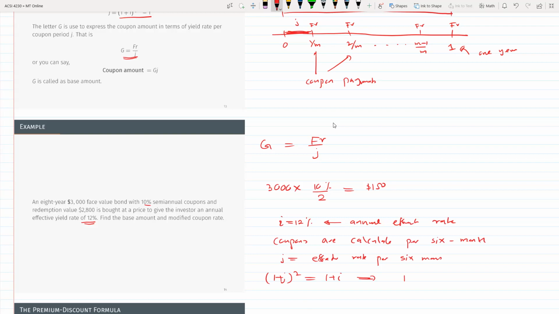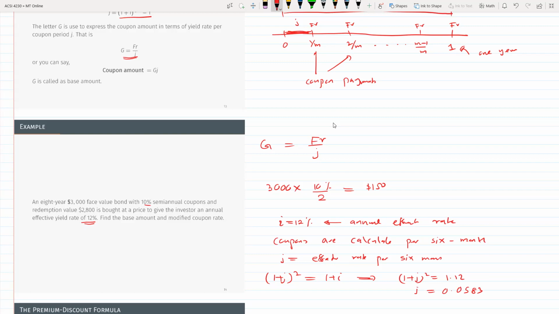So in this case, (1 plus j) squared equals, what's the i? i is 12%, so 1.12. And from here you can see j is, let's try to find it, the square root of 1.12, then minus 1, that would be 0.0582.